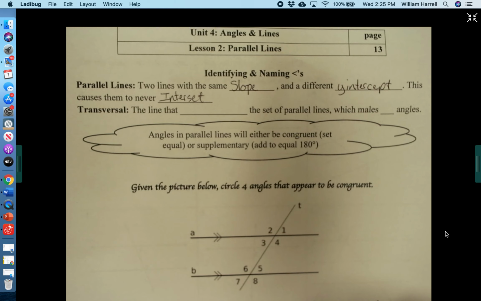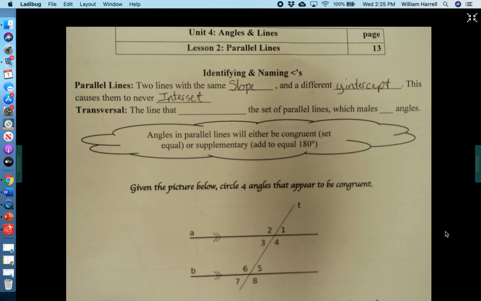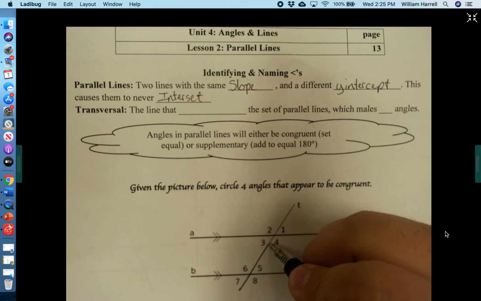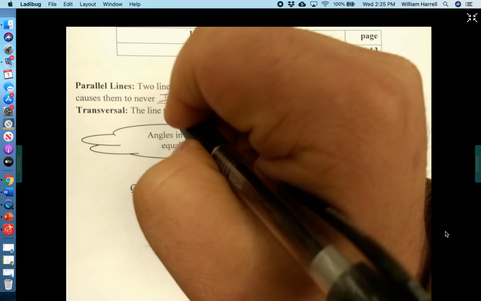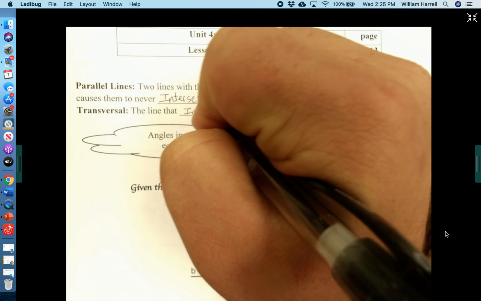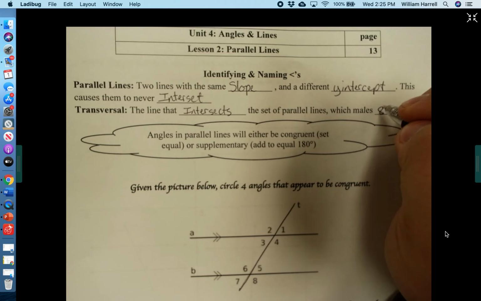Alright, a transversal is just a line that causes the sets of parallel lines to intersect, or so a line that intersects, and you have 8 angles.